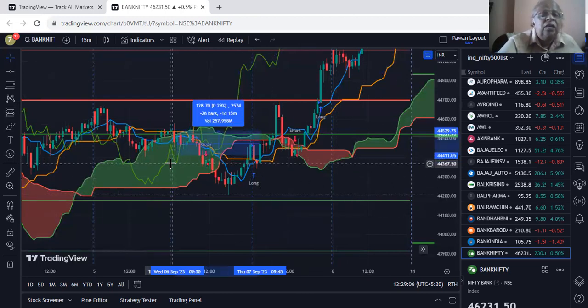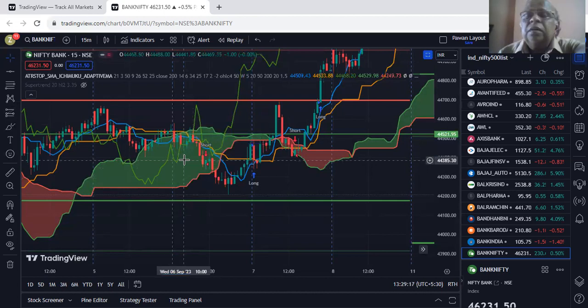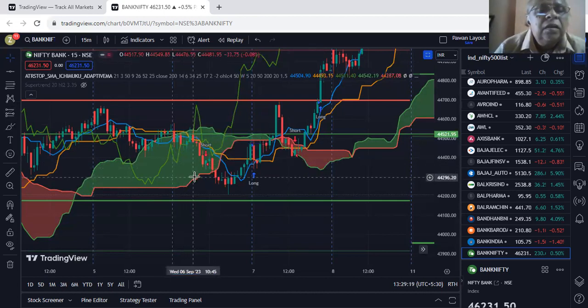So you are just seeing that the Chikou is above the price here, or you can say here. Here it is clearly after. So this candle is taken into consideration.